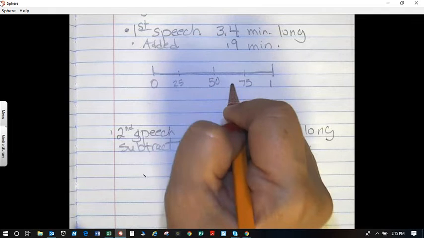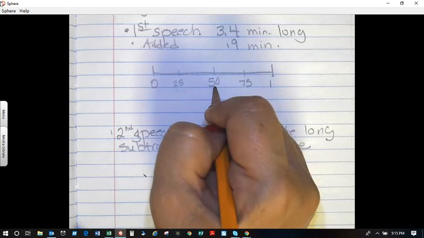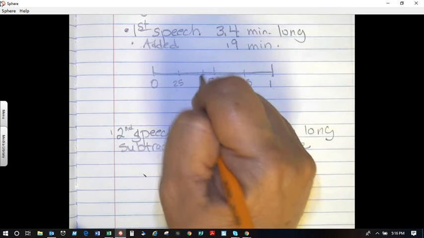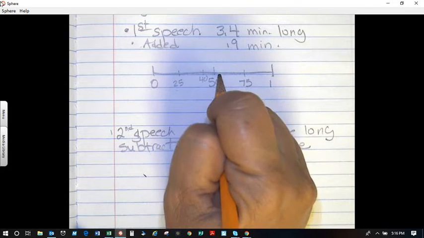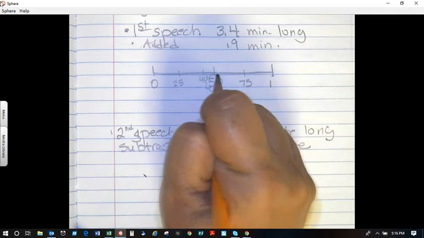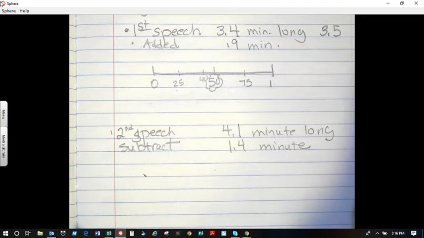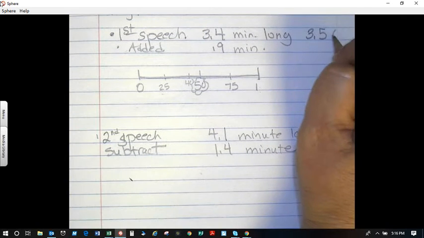If you had to put 4/10 here on this benchmark, where would it be closest to? Would it be closest to the 25 or the 50? Yeah, because it's going to be right around here. So it's going to be closest to the 50. So then this becomes 3 and 5/10 or 50 hundredths.